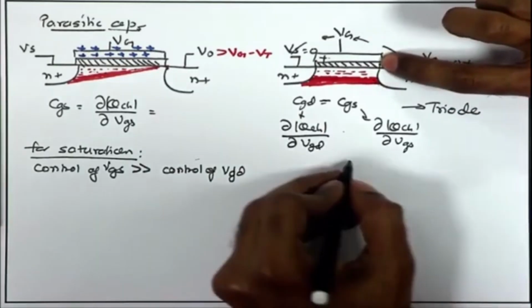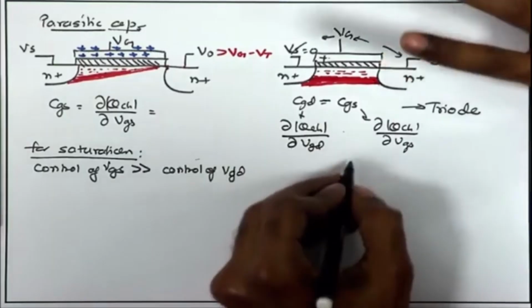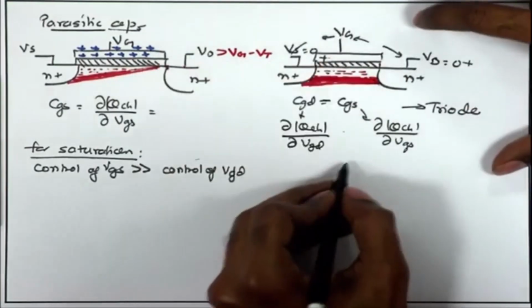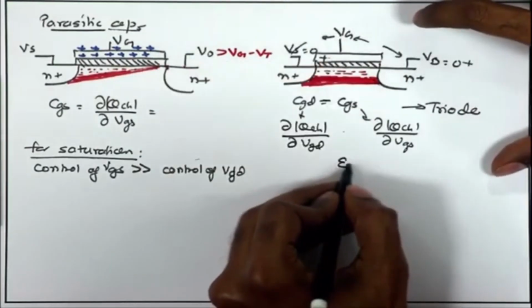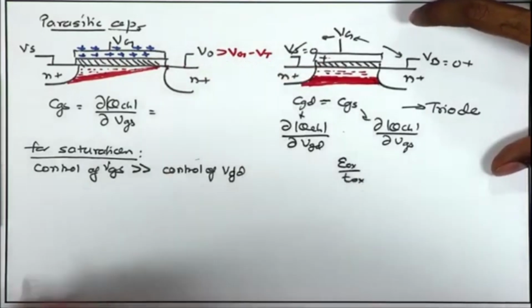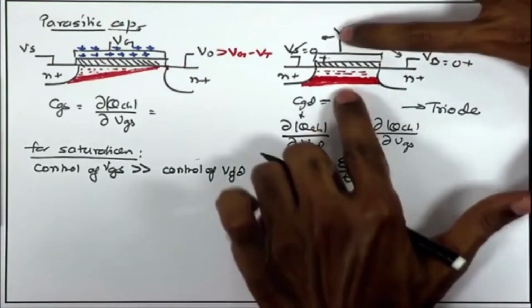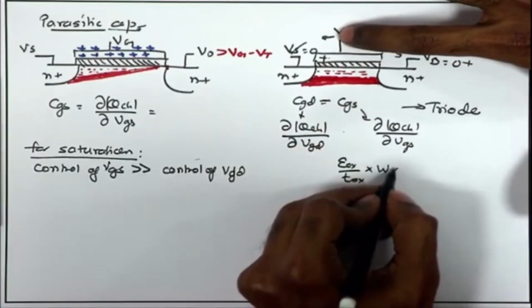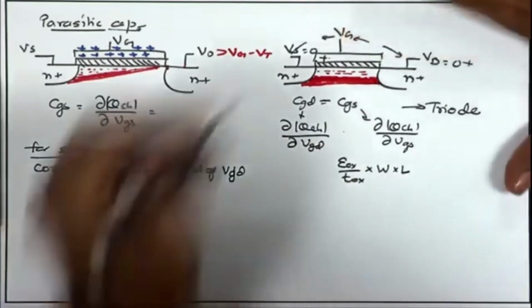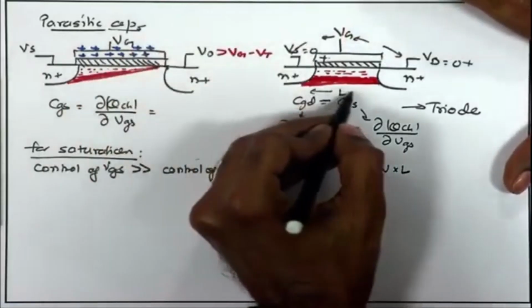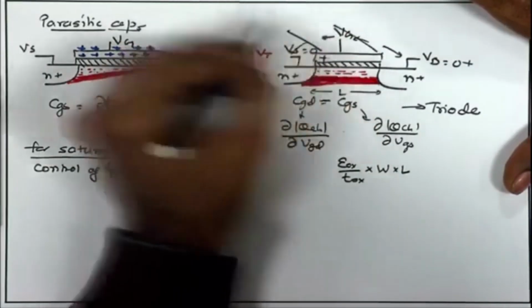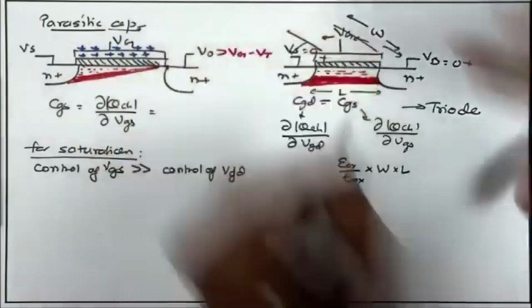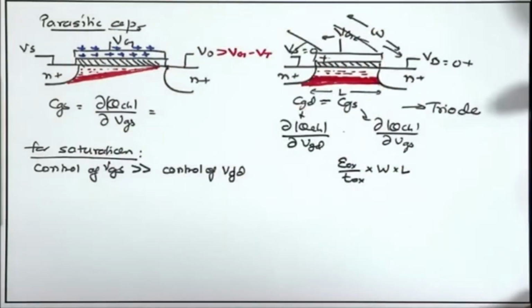Per unit area, the effective capacitance is just epsilon_OX upon T_OX. Total capacitance between the gate and the silicon is going to be obtained by multiplying this with the overall area. So, L is the channel length and W is the width of the MOSFET in the direction perpendicular to the gate.